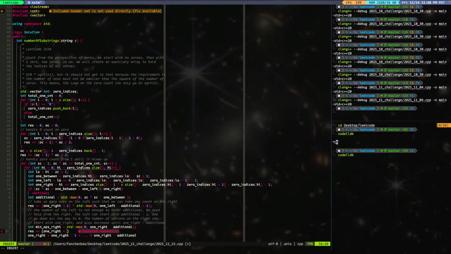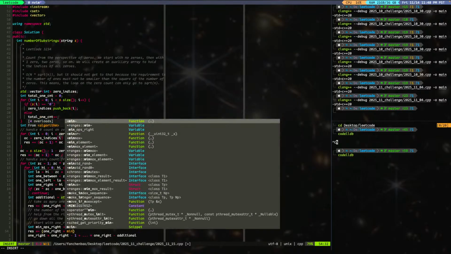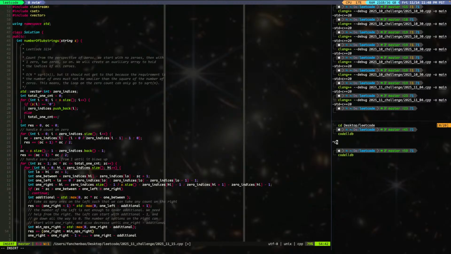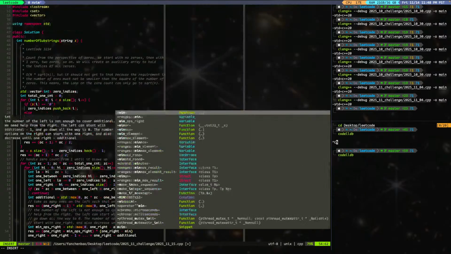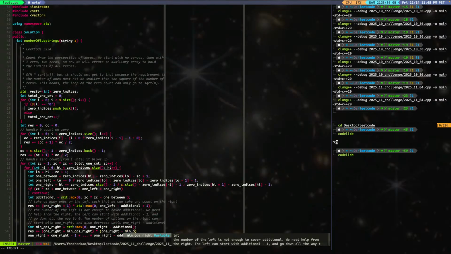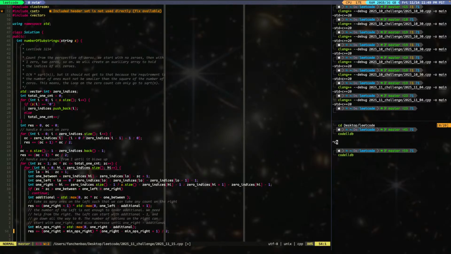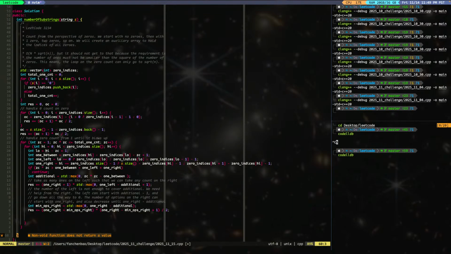And then it's gonna be just minimum operation right, minimum operation right times this plus 1, this is the total number, and then divided by 2. So that's the other side of the equation.